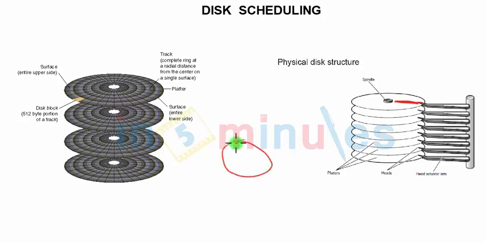Consider this diagram. There is a track, and of that track I only need this sector. Now, considering my head is over here, I need to perform rotation, and I also need to move my head at a particular angle such that a particular track and a particular sector can be targeted, because the head would only be able to move in this direction.